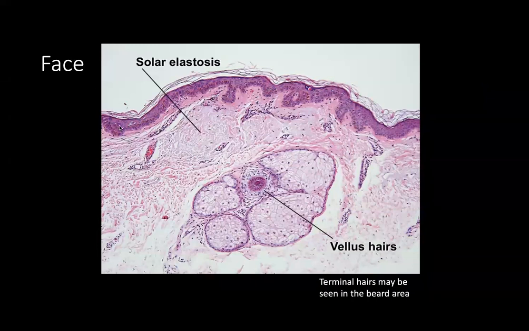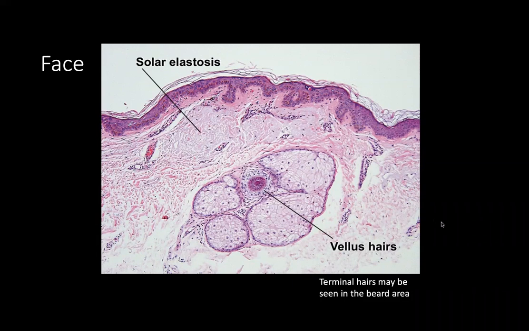The face also has very thin epidermis, and it's got a lot of sebaceous glands, and also very thin cross-section diameters of vellus hairs. So if you think about the face, if someone was to biopsy the cheek of chronically sun-damaged skin, this is the typical picture here. You've got thin epidermis, a lot of solar elastosis, some sebaceous glands, and some vellus hair follicles.